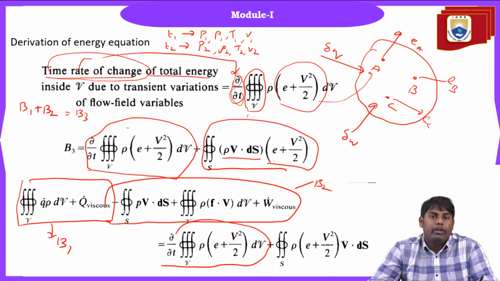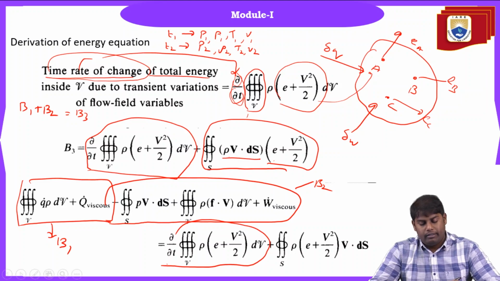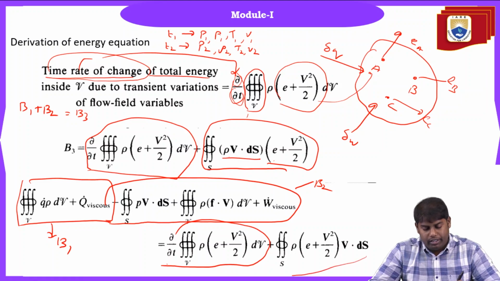Entirely the flow variables are changing, the system properties are changing, and the system energy is changing. So that is what we have in this term: dou by dou t of triple integral rho into (E plus V square by 2) dV. Next, whatever the change in system we have on the surface due to work done. Okay, so this is B3.